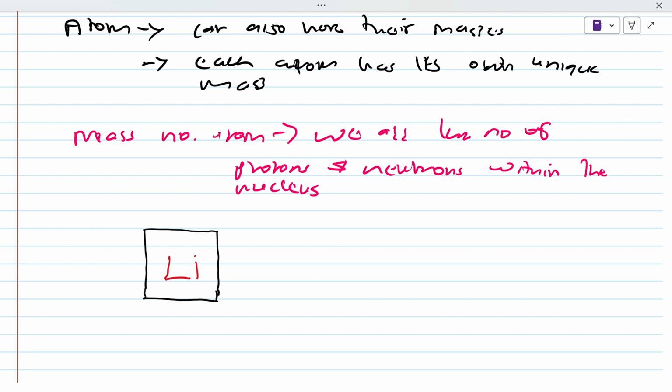And either on the top or at the bottom, you may have, as fusion nearby, 3 written here, and at the top we have 7.